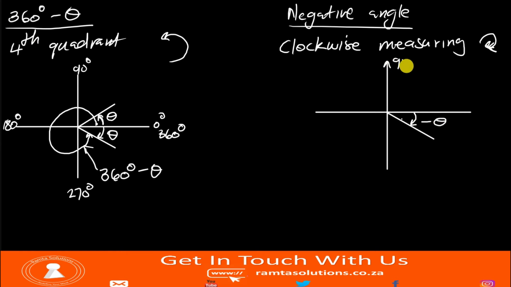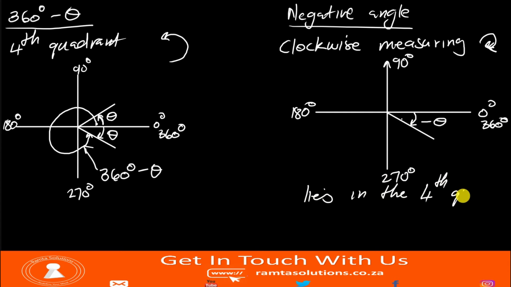Now I want you to note a few things. 180 degrees, 270 degrees, and of course 360 degrees. Now, as you can see, our negative angle is in the fourth quadrant. All right, it lies in the fourth quadrant.